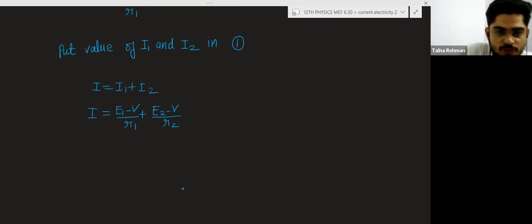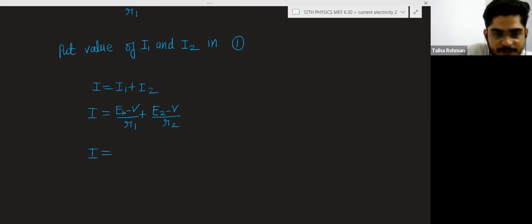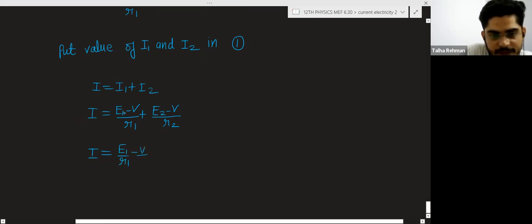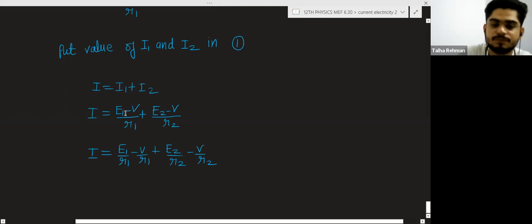For I, this can be written as E1 by R1 minus V by R1, plus E2 by R2 minus V by R2.